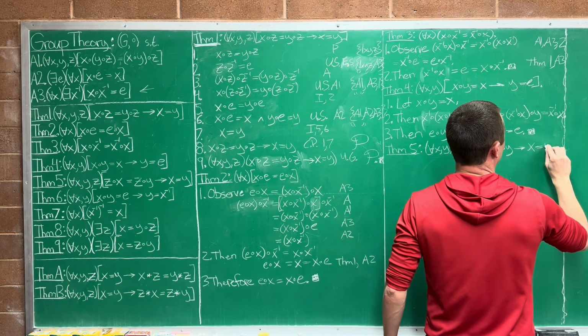So the next one is 2. Then I know that there must exist z inverse in G, such that z circle z inverse is equal to E. And how do I know this?